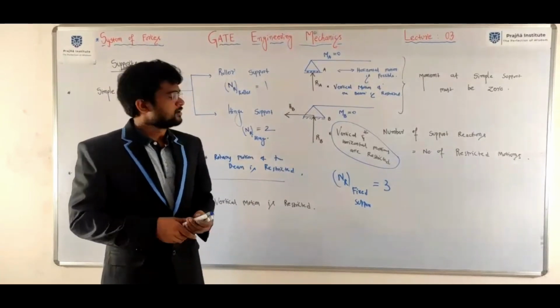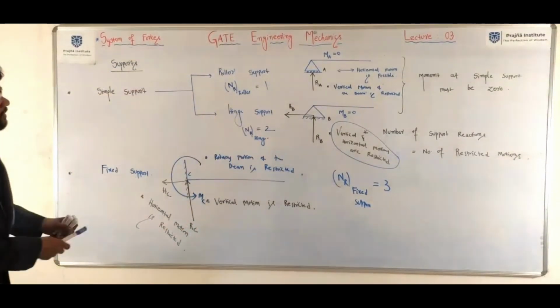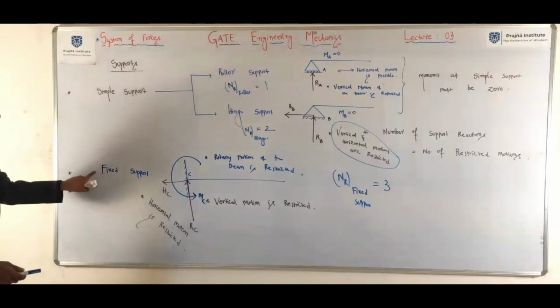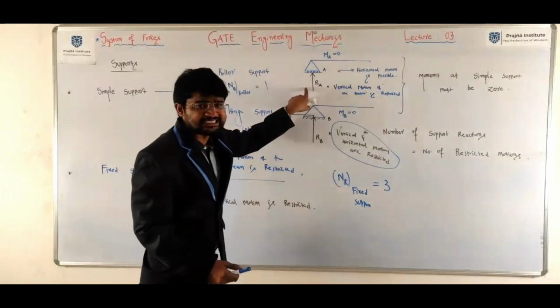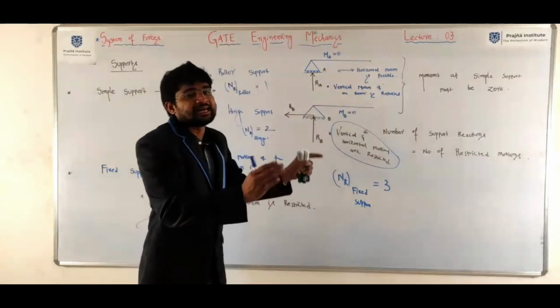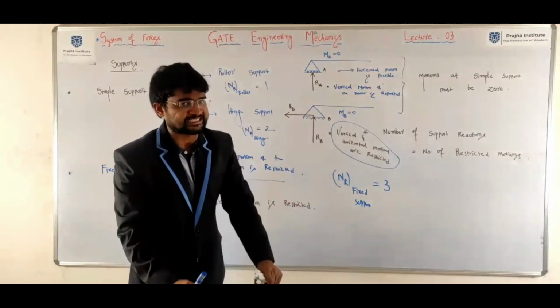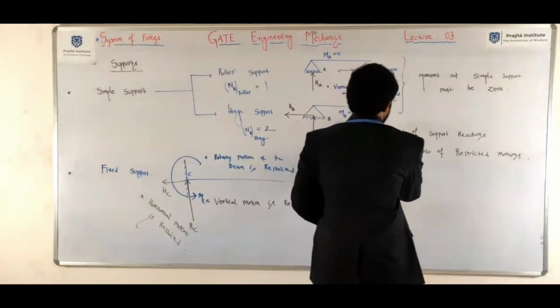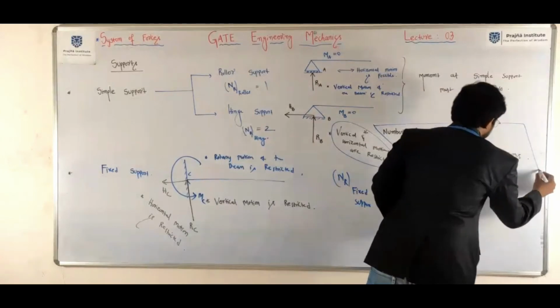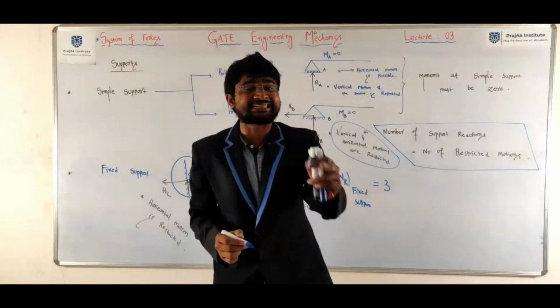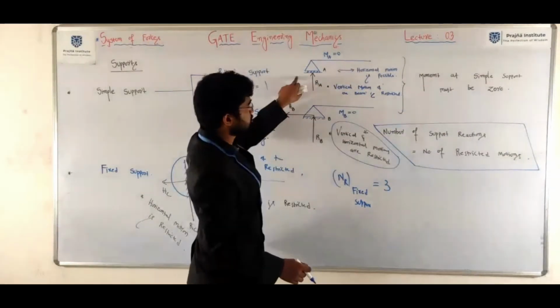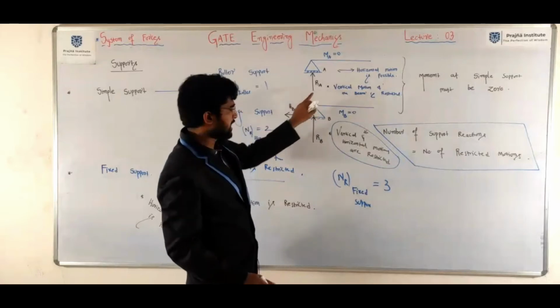Any problem? Okay. Now, this is all about some supports and corresponding support reactions. Why only that many number of support reactions? That can be explained by this. Number of support reactions equal to number of restricted motions. Here one motion is restricted, only one support reaction.